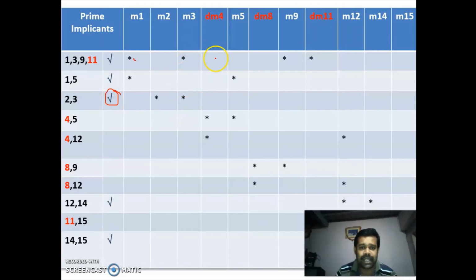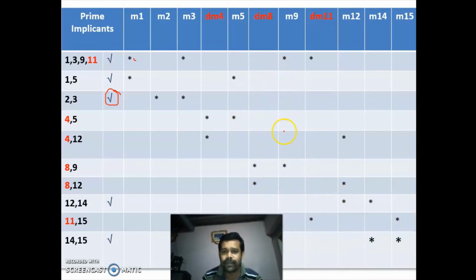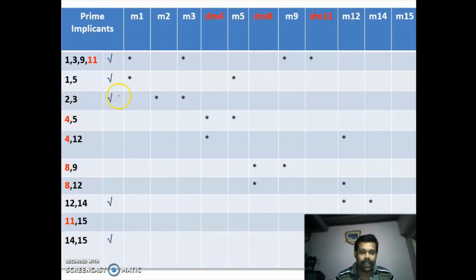Then 2 stars, 2 stars, 2 stars, and so on. So you only have a tick mark for 2 and 3. Now we have got only 2 and 3 ticked.